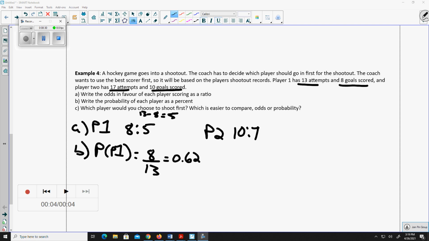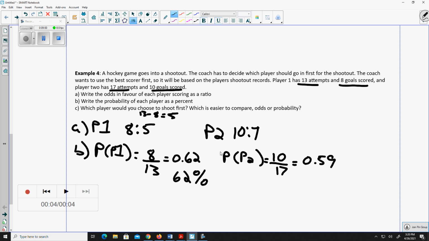Always go to 2 decimal places with this stuff, you guys. For the first little bit especially. And the probability of player 2, that's going to be 10 out of 17, which is 0.59. We want each as a percent, so this would be 62%, and this would be 59%.